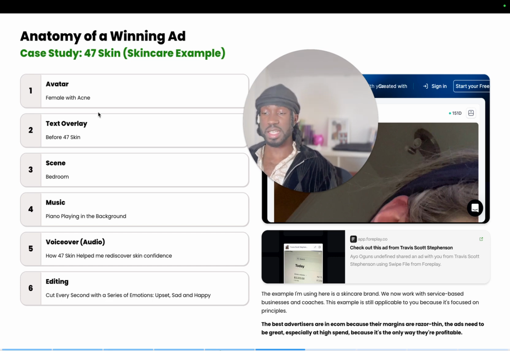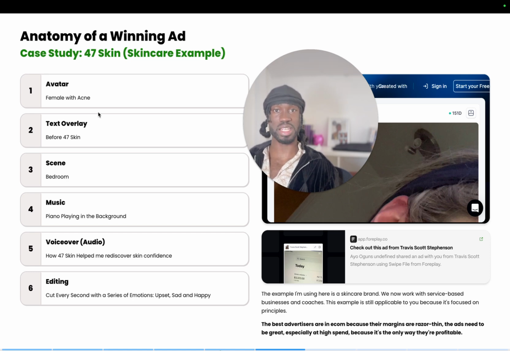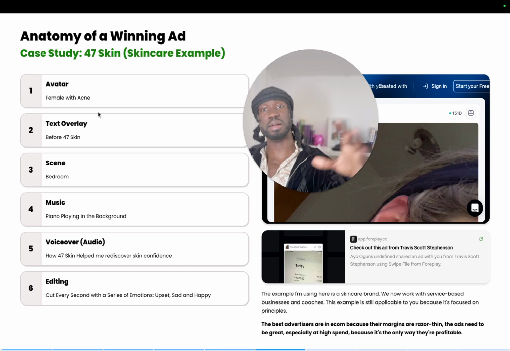If you're selling a different product, you want to think about who your ideal customer is, who your ideal client is, and you want to get someone to record the ad who matches the audience that you're trying to sell to, or who they aspire to be. So for example, let's say you're selling a fitness offer, right?